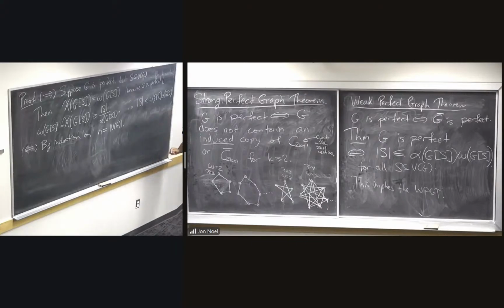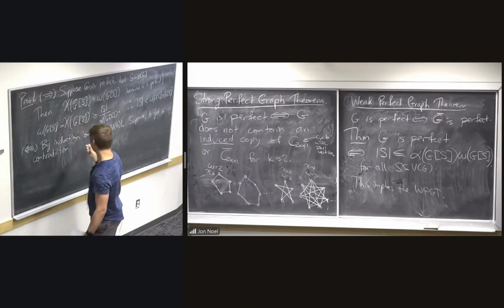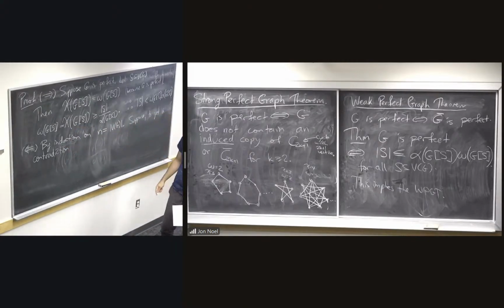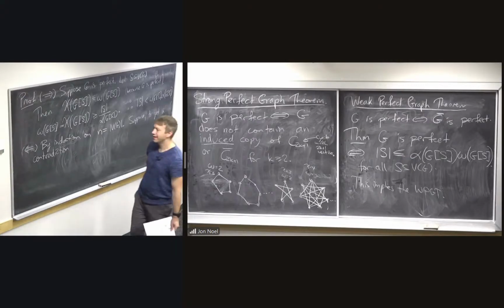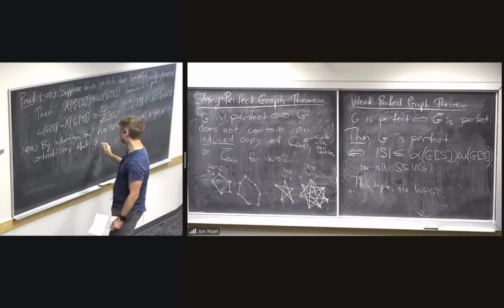We're doing it by induction, and we're also using contradiction. The case n equals 1 is trivial, so let's not worry about that. It's going to be true for n equals 1. So suppose, to get a contradiction, that G is not perfect.